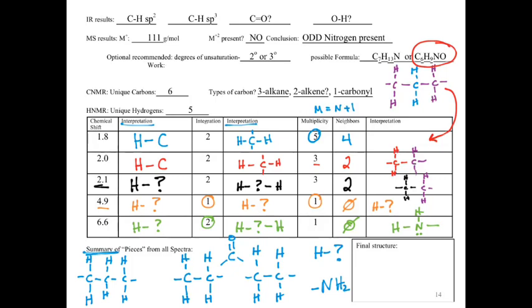That means there must be duplication within our structure. So with that information, I would go back to my structure and ask, where is something duplicated? Hopefully you can see relatively quickly that we've got duplication with our CH2s. So I'm going to erase one of those.